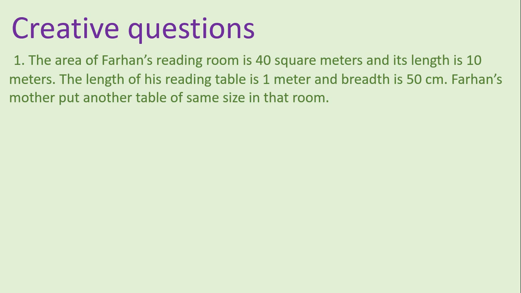In the application type of question, a mathematical problem always comes, or a difference, or drawing a figure. And D number question is higher order thinking. D number question carries 4 marks, and you have to explain or analyze something in D number, or a mathematical problem can come in D number.